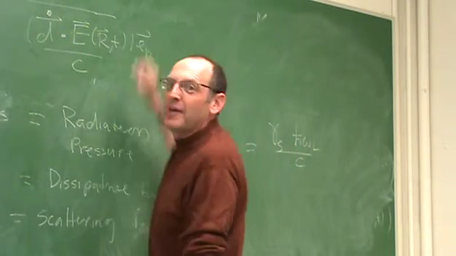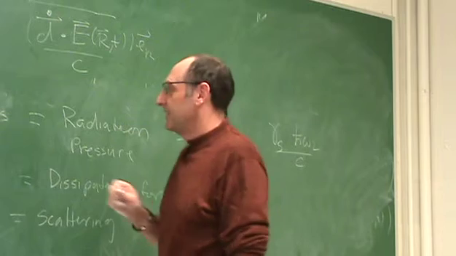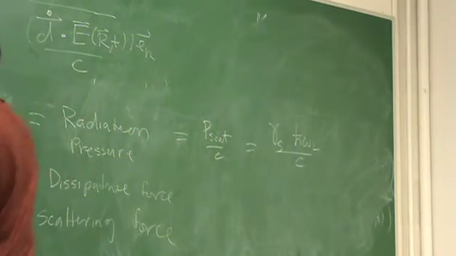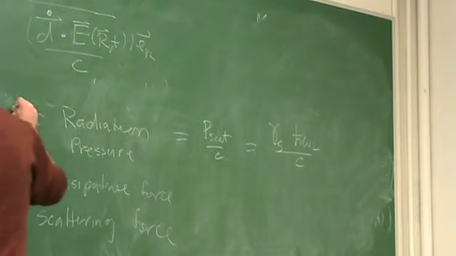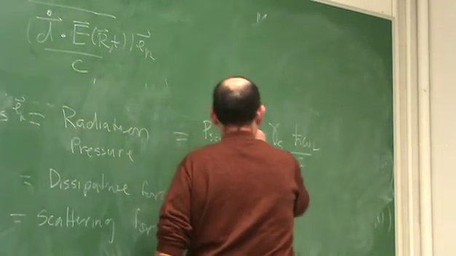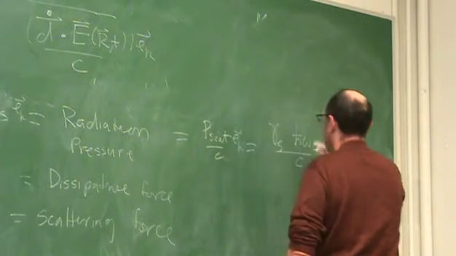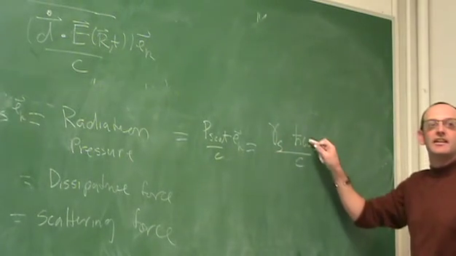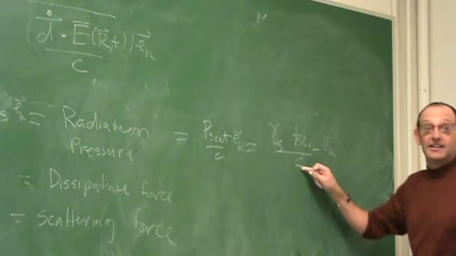Remember that in my back minus cab rule? So I really should have that here. And omega over c is k.